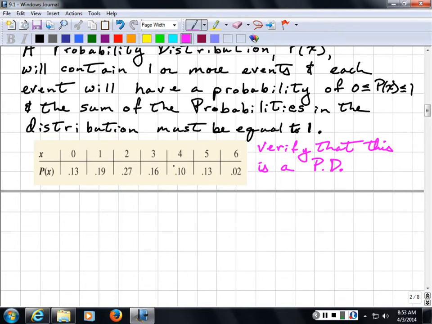It doesn't occur. If the probability of an event is equal to 1, what do you know about the event? It must occur. So, do those 7 numbers add up to 1? Yes, up to 1.